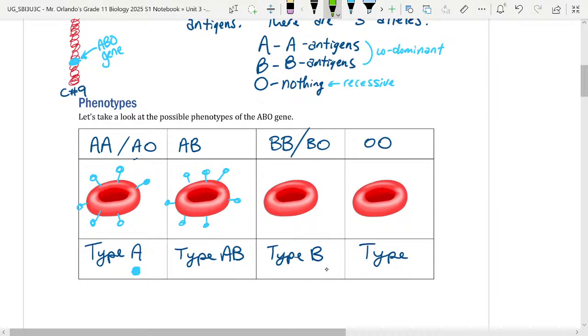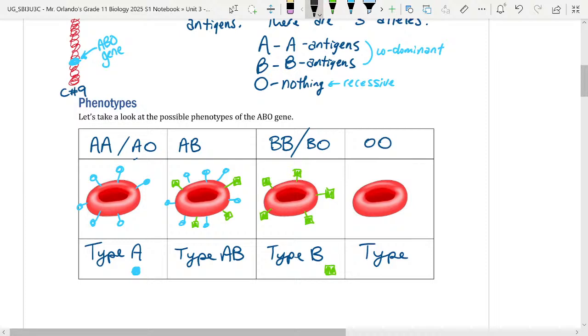And I'm going to use green squares for type B. So type B has got a bunch of green squares on it. Oh, look at me. I've got all these green square antigens, which again are binding sites, which are cell markers. And it means if I'm type AB, I've got both of them. Does that feel comfortable? And again, if I'm type O, what do I have? Nothing. Nada.